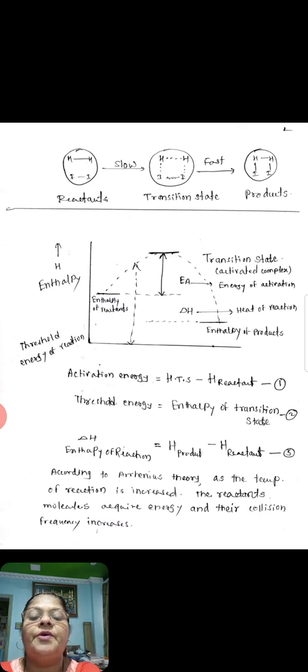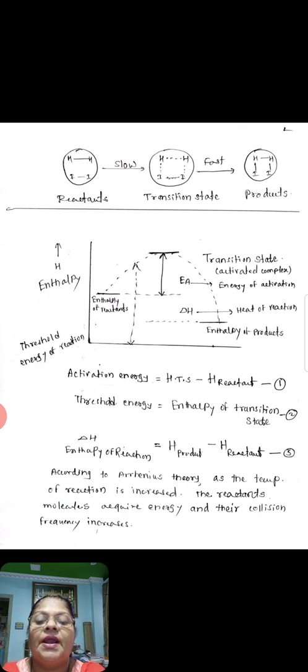As shown in the figure, you will learn the threshold energy of the reaction. This is the enthalpy of the reactants at the beginning. The reaction goes towards the activated state in the upper position, which is the transition state of activated molecules, and the lower position is the enthalpy of the products.